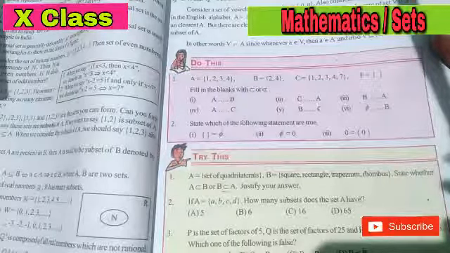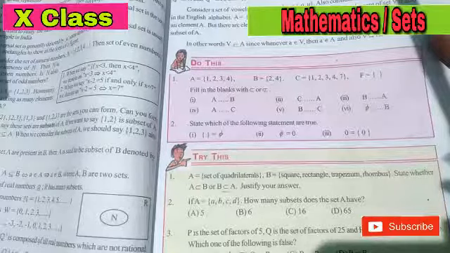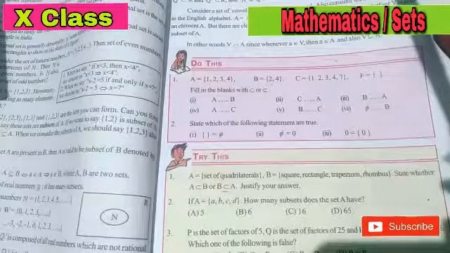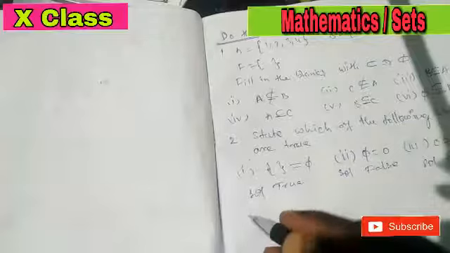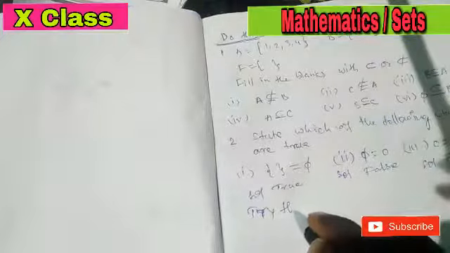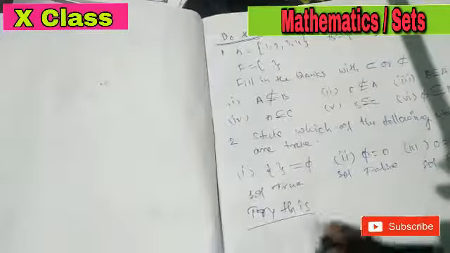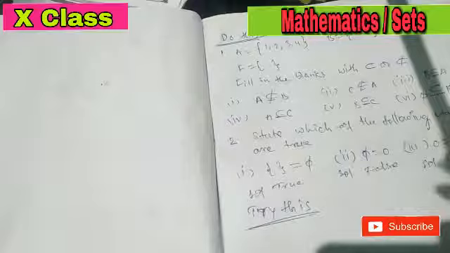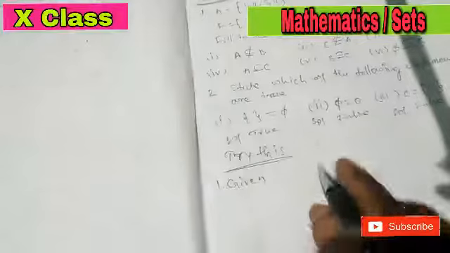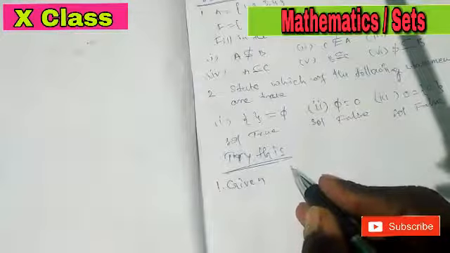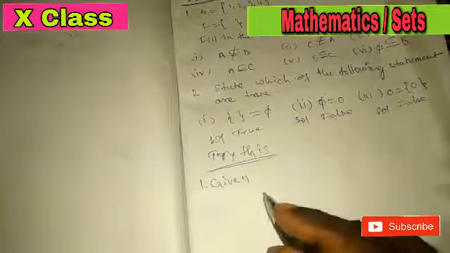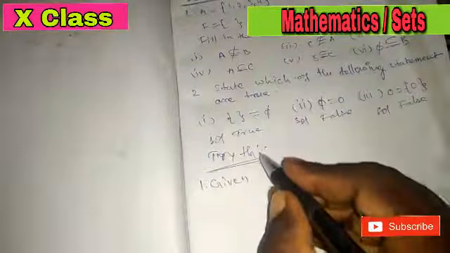State whether A is a subset of B or B is a subset of A. Justify your answer. Try this. First, what is given?